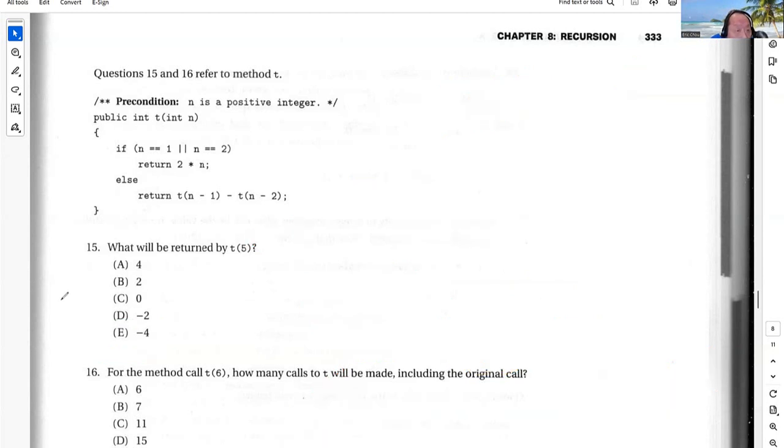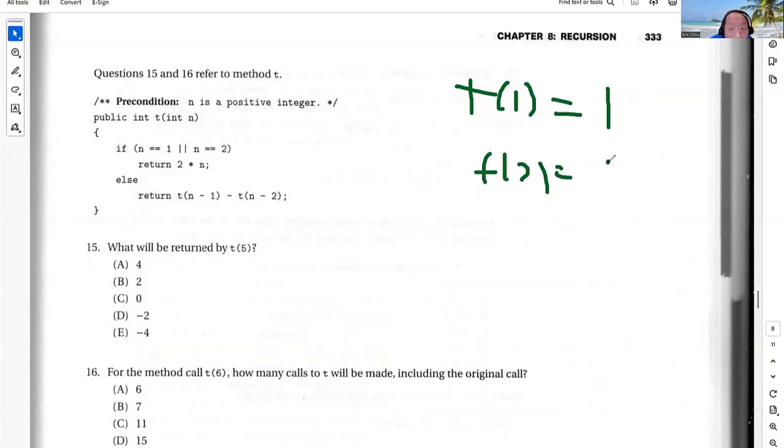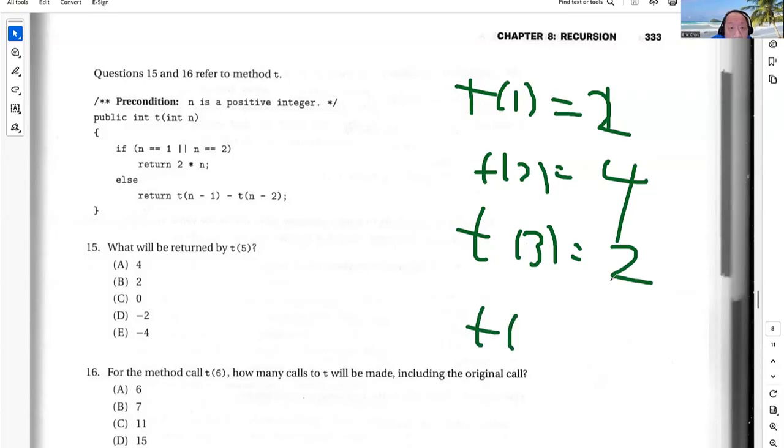But if you do bottom up, you will see T of 1 equals 2, T of 2 equals 4, T of 3 equals T of 2 minus T of 1, which is 2.